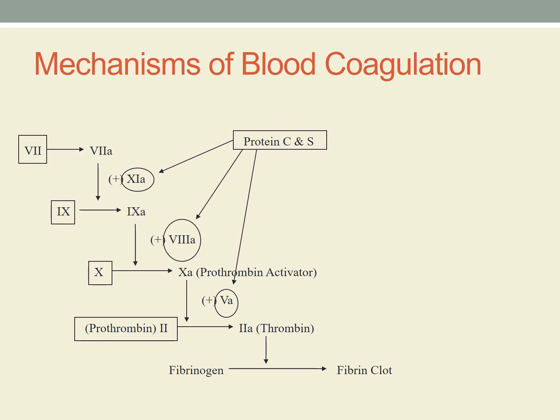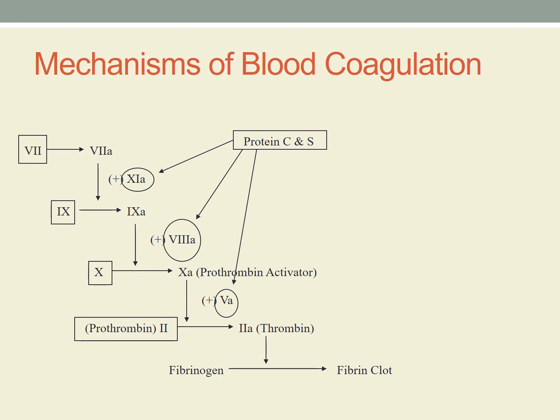As I said before, these proteins are your body's natural anticoagulants, and they exert their anti-clotting effect by destroying activated factors 11A, 8A, and 5A to inhibit thrombin formation and thus clot formation.